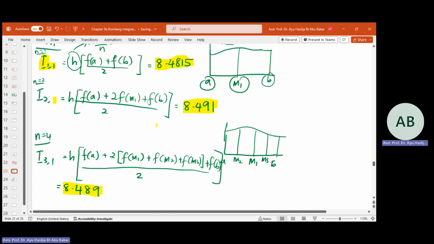The first level we find using trapezoid equation. You can try to proceed to level 2, where using Romberg equation. OH4 estimation. Okay, this one is OH2.